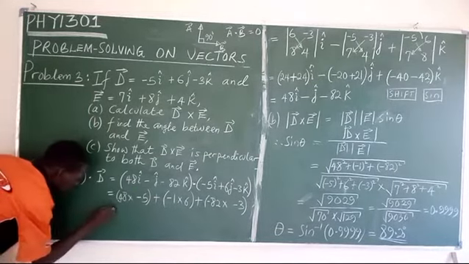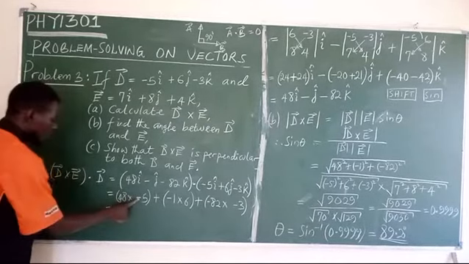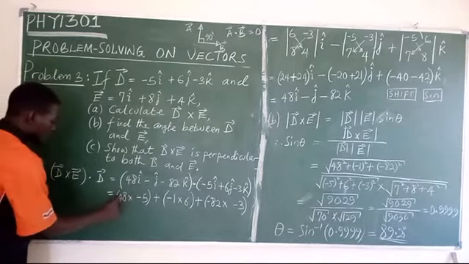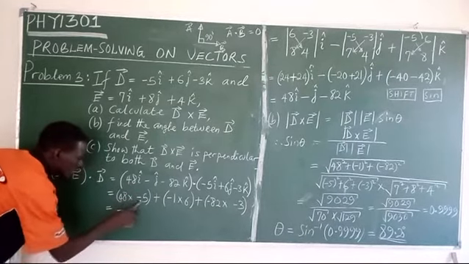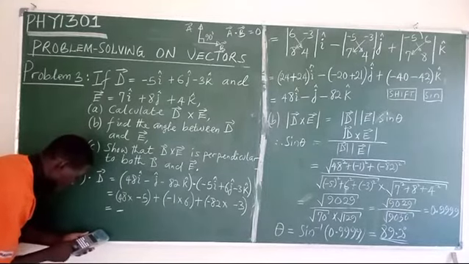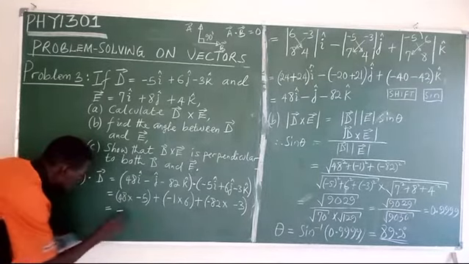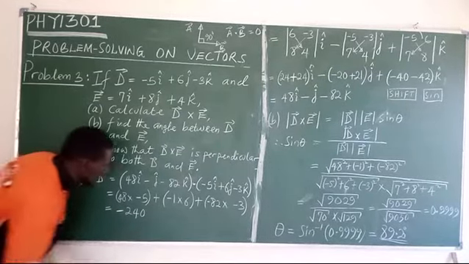This is equal to, since this is negative and this is positive, positive times negative, this will be negative 48 times 5. So press 48 times 5, and this gives 240. This means I have -240 here.